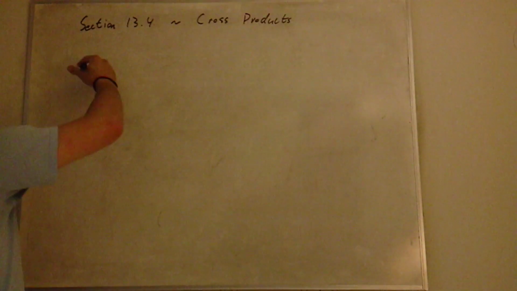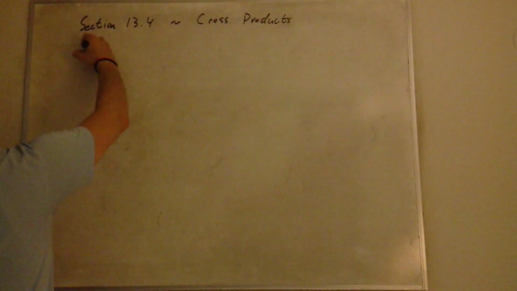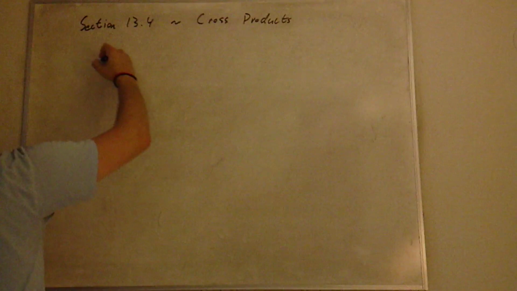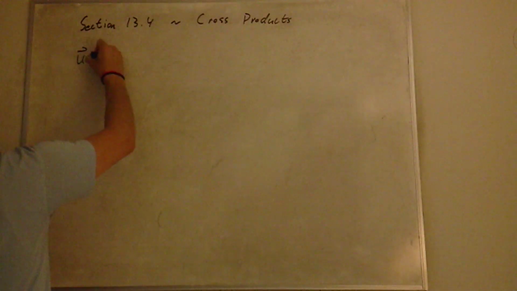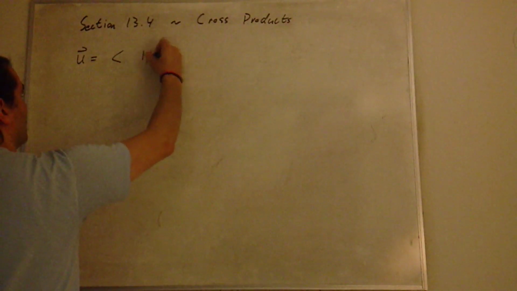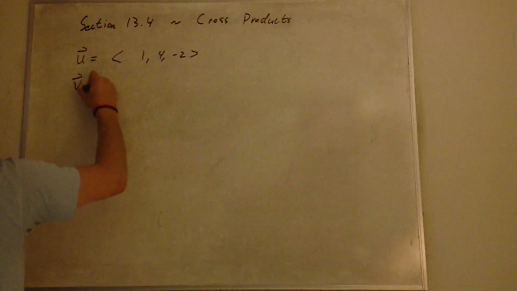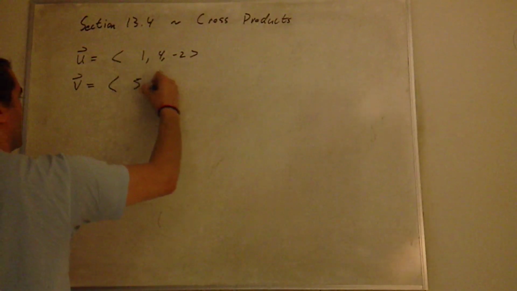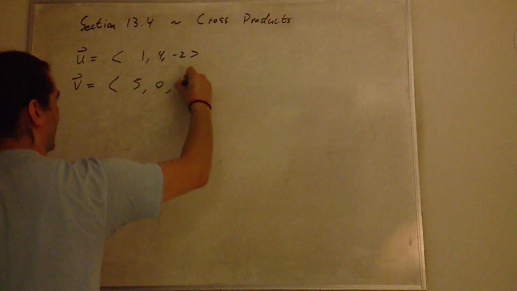The first thing we need to know about cross products is that cross products only work on three-dimensional vectors. So if you have a vector u, it has to be three-dimensional. Let's say u is 1, 4, negative 2. And let's say we have a vector v that is 5, 0, 8.